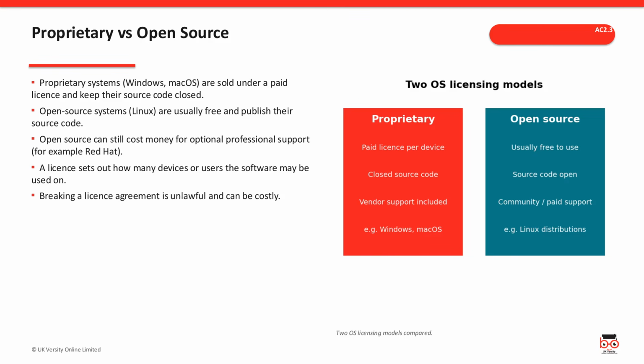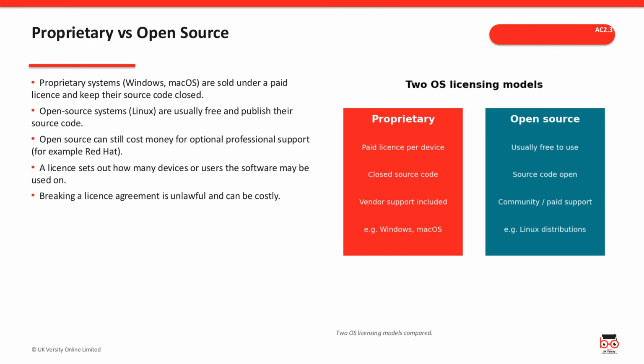Behind those prices sit two different philosophies. Proprietary systems like Windows and macOS are sold under a paid license and keep their source code locked away. Open source systems like Linux are usually free and publish their code for anyone to inspect, though you can still pay for optional professional support from a company like Red Hat.